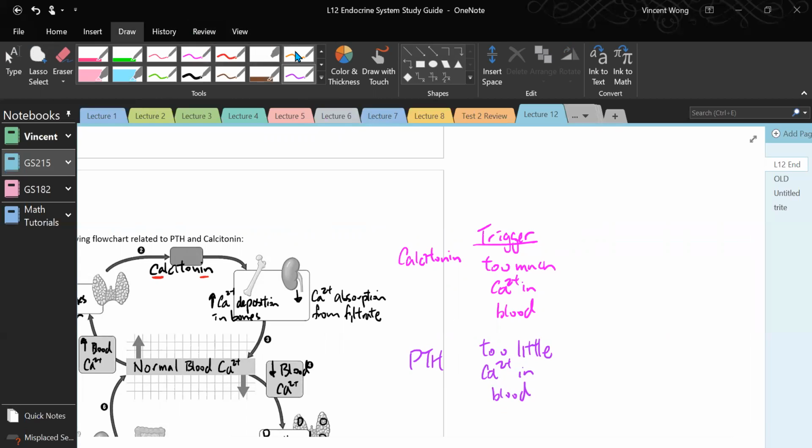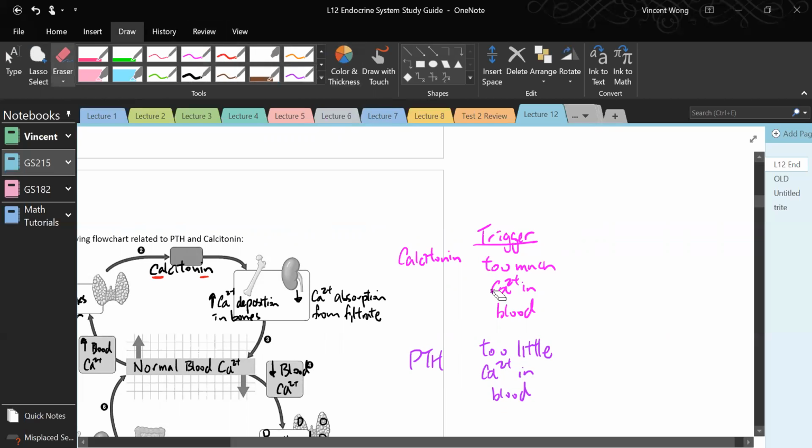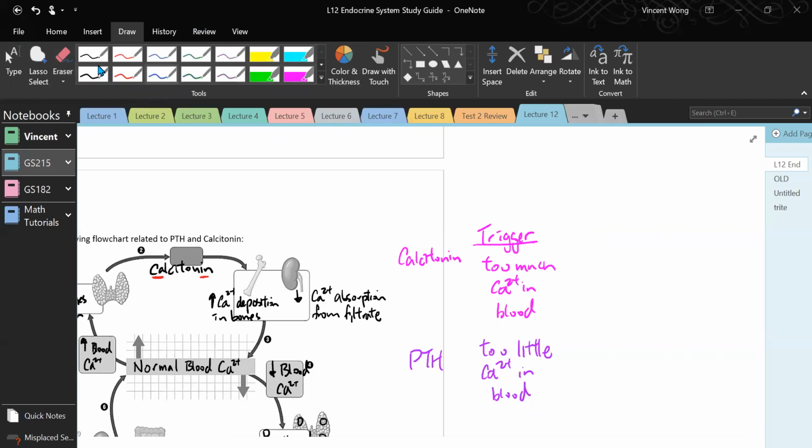And then where is this from? Well, calcitonin is from the thyroid gland, whereas the parathyroid hormone is from the parathyroid gland, right? And then we should talk about the effect.